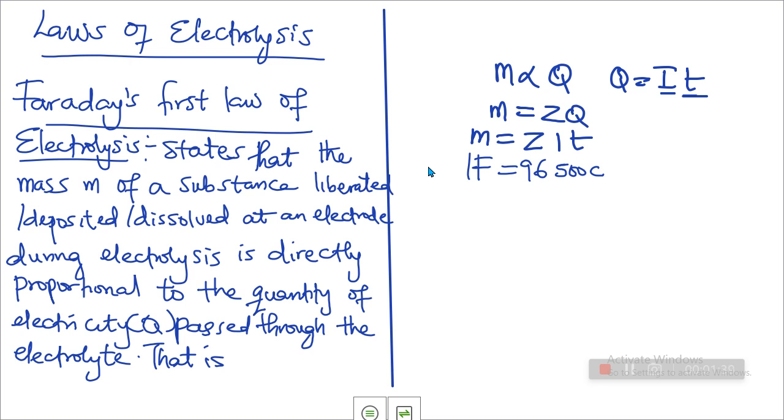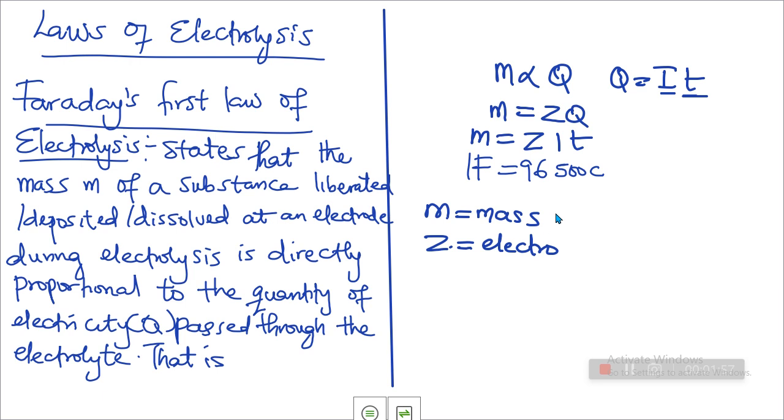Now let me state what each of them means. M represents the mass, measured in kilogram, but some of the time it will be in gram, though I will tell you the aspects where you are going to be using gram. Z is the electrochemical equivalent.